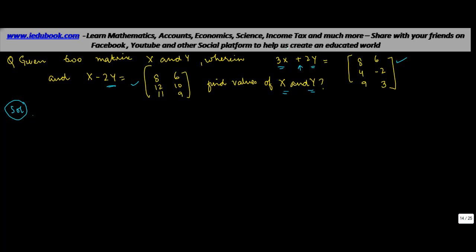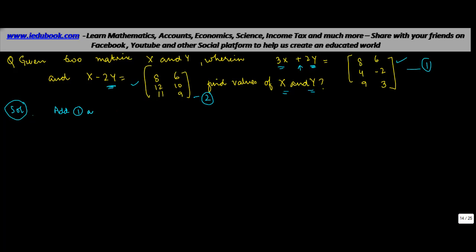Well, let's call this equation 1 and this equation 2. Now if you notice, this equation has plus 2y and this equation has minus 2y. As you must have been doing in your algebra, whenever you have to solve two equations for two variables, you try to see how you can eliminate one of them. Going by experience, let's add these two equations.